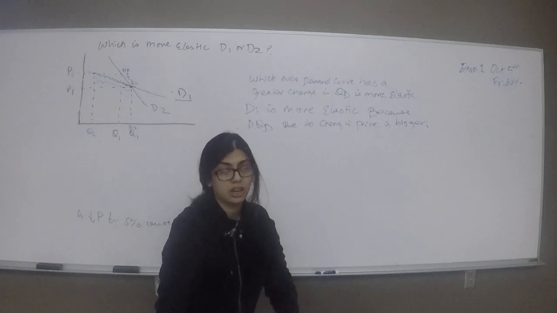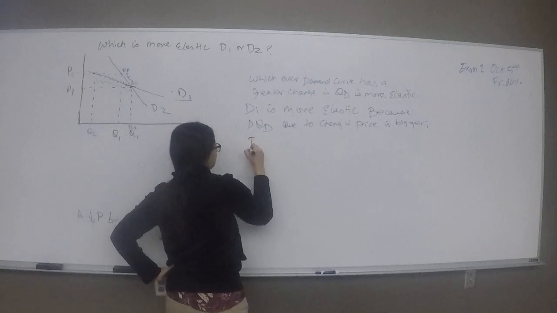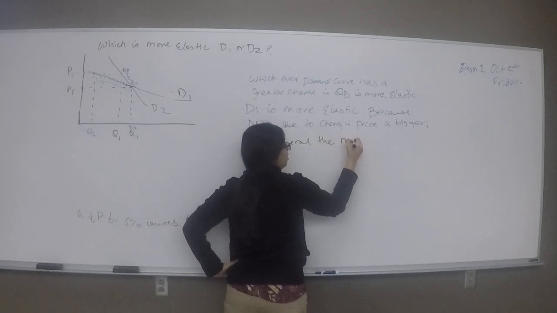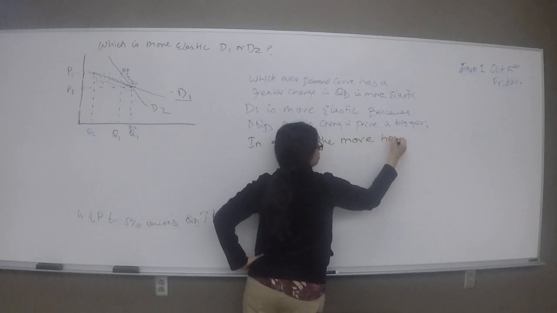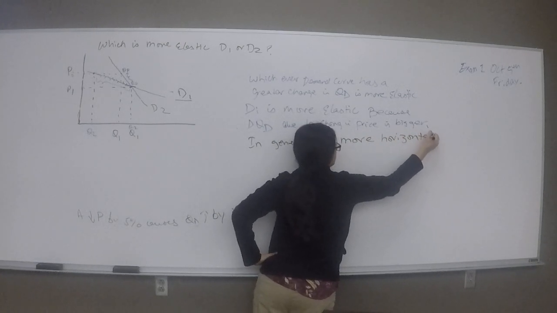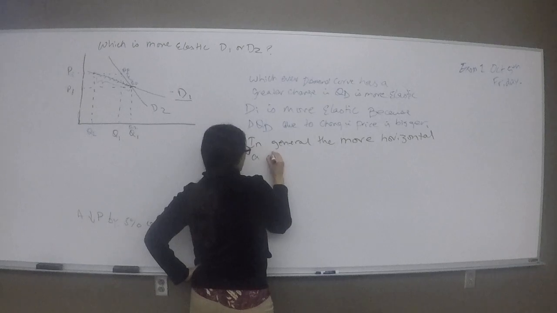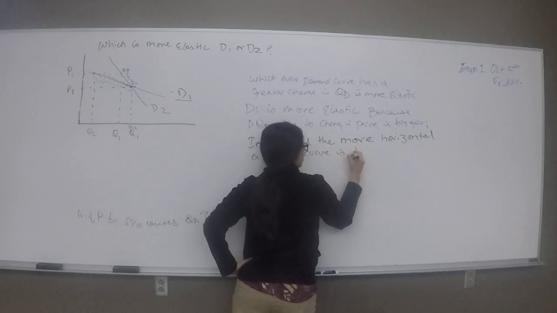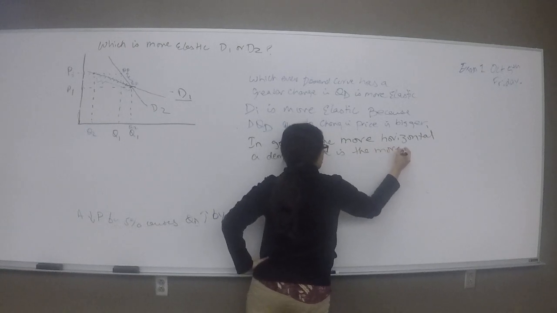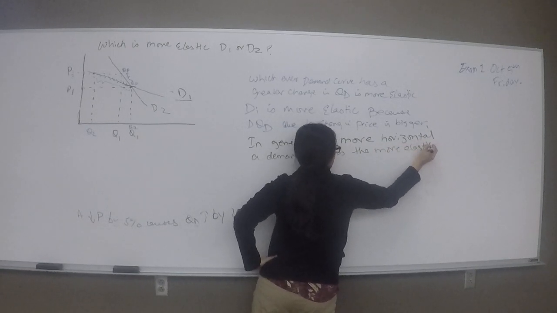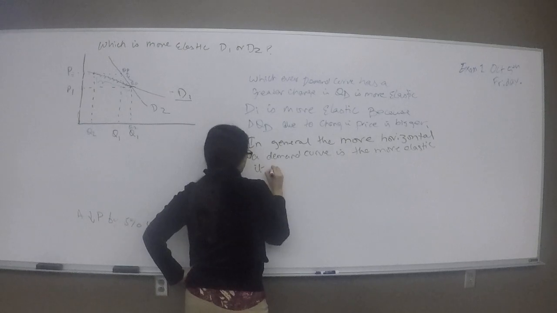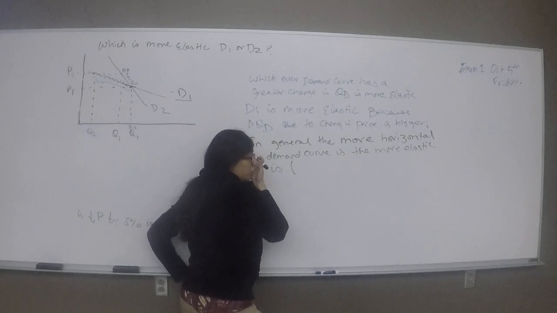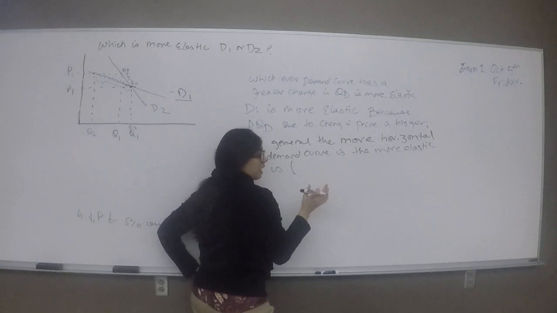So, in general, the more horizontal a demand curve is, the more elastic it is, because when it's horizontal, the change in quantity demand is greater.